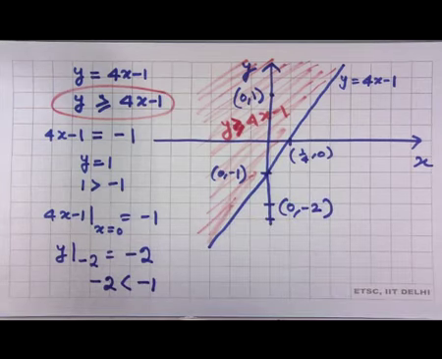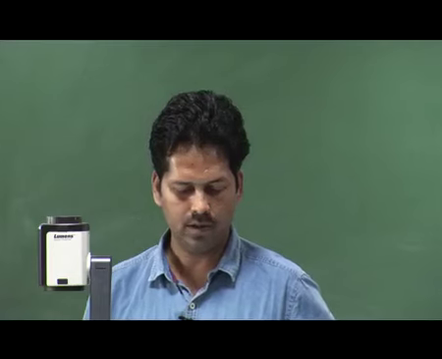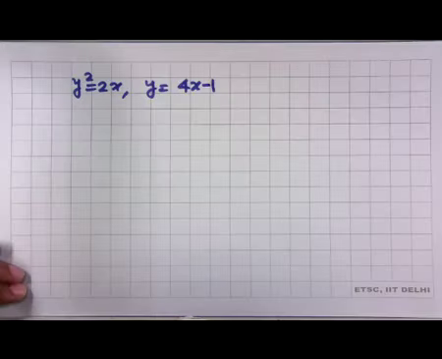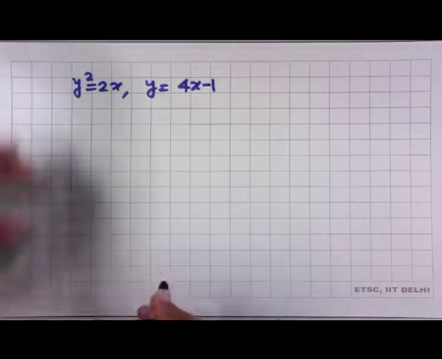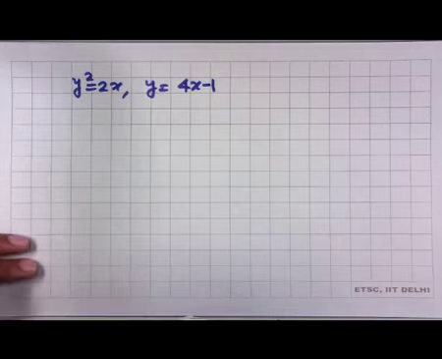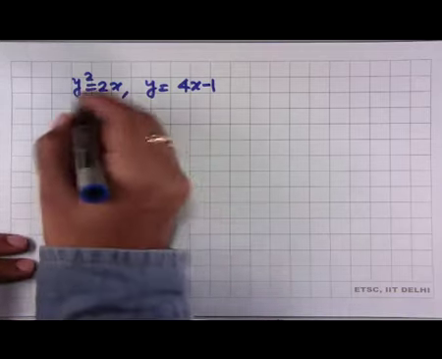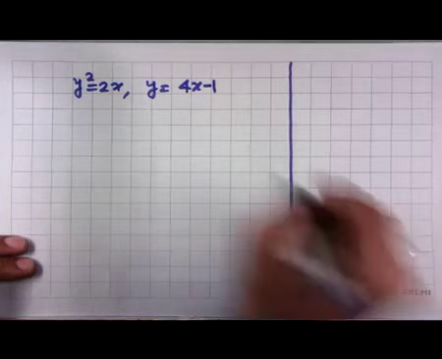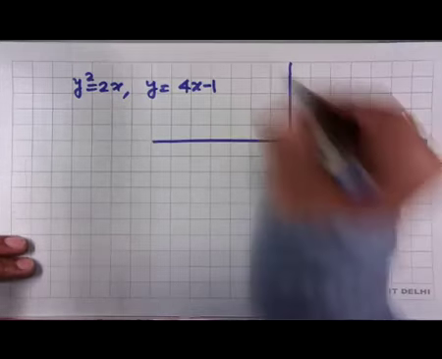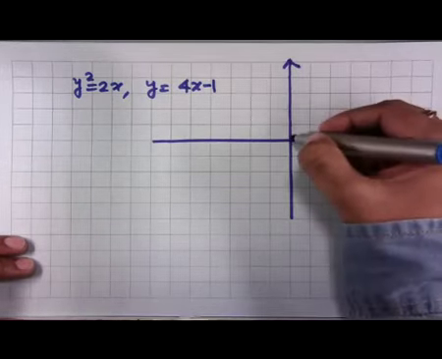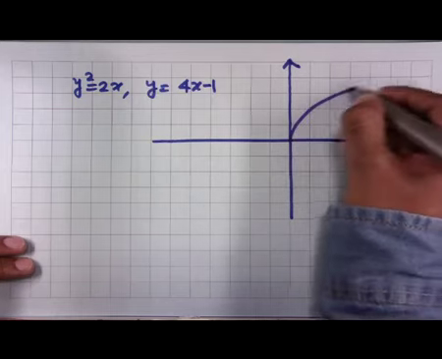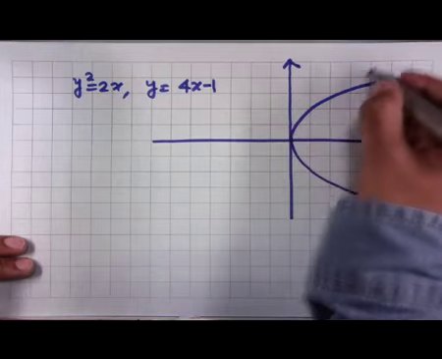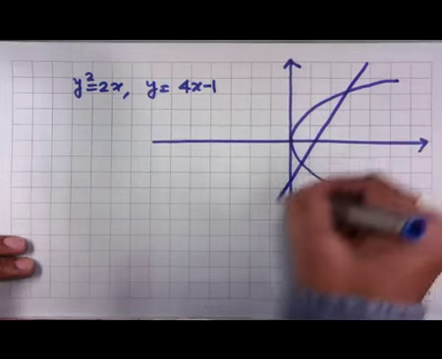Now, let us plot both the curves on one Cartesian plane, so that we can realize which area we are supposed to compute. So, we need to now draw y square equals to 2x and y equals to 4x minus 1 on one Cartesian plane. So, y square equals to 2x is this and y equals to 4x minus 1 is this.